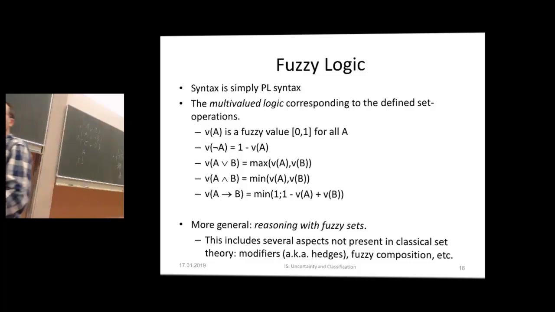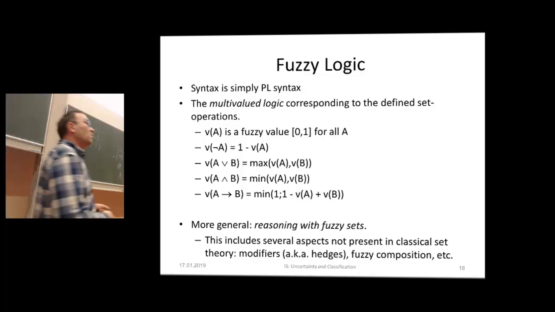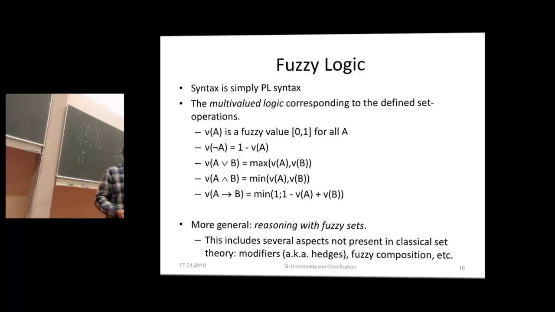So someone who is 2 meter 25 will really get the value 0.999 of being in the set of tall people. Someone with 1.80 meter, it's already more difficult. So is that a tall man? In the Netherlands, it's different.